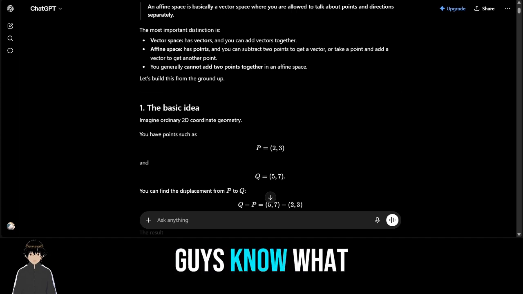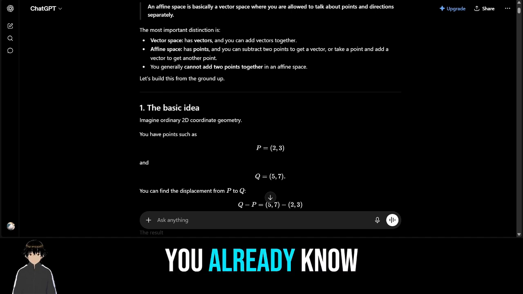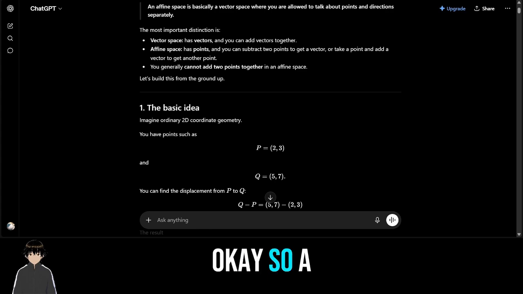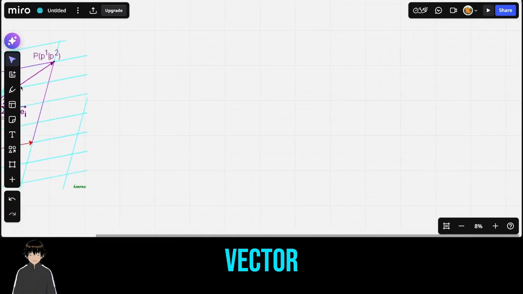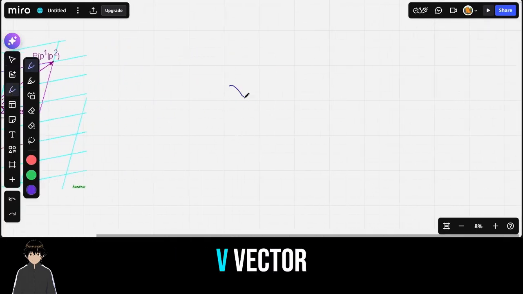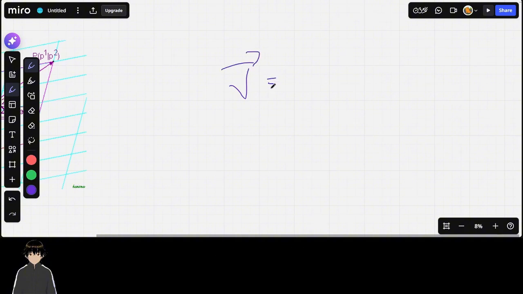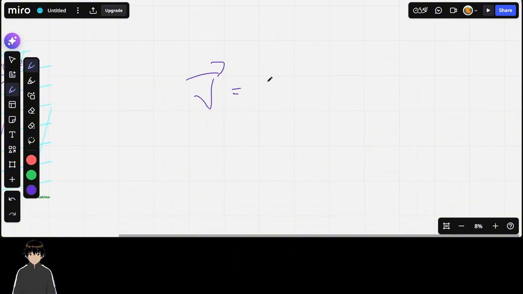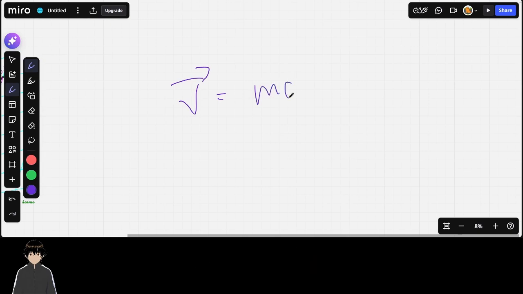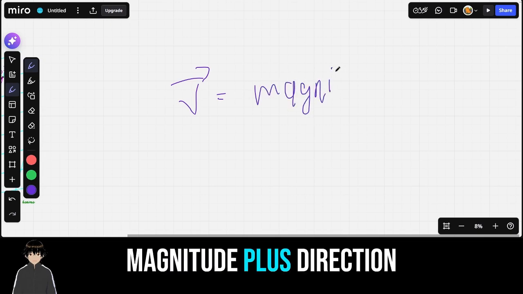So, if you know what a vector is, we already know what a vector is, okay? Suppose we have a vector V. A vector is just basically a magnitude plus direction.